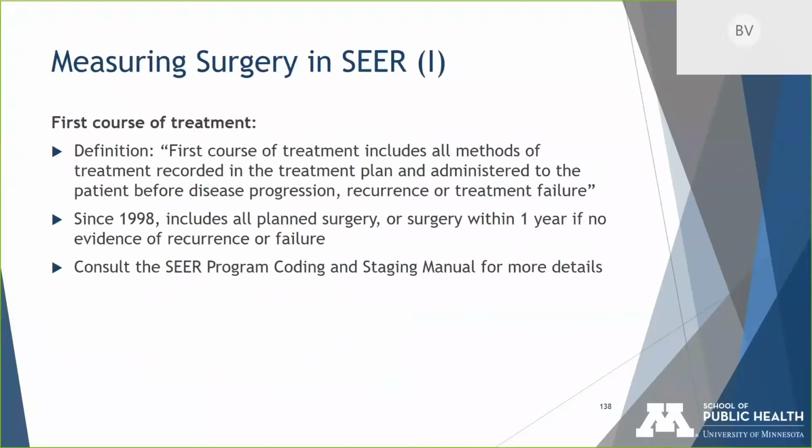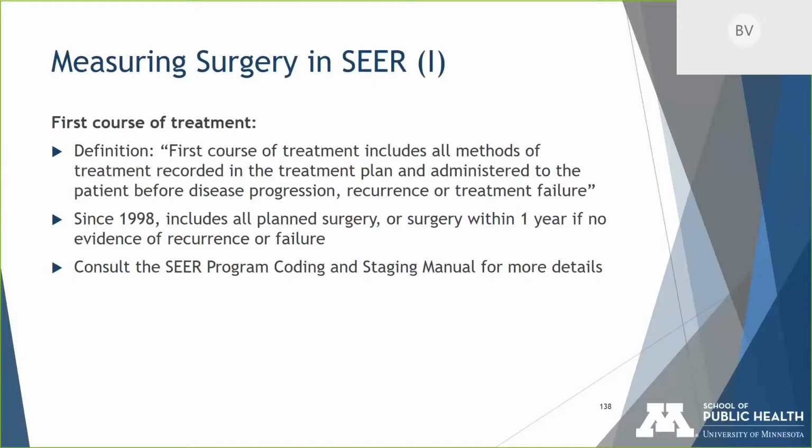All right, let's focus first on how surgery is measured in SEER. As you'll remember from earlier this morning, Beth mentioned the definition of first course of treatment. So SEER collects first course of treatment and only includes surgery that was performed as part of that first course of treatment.